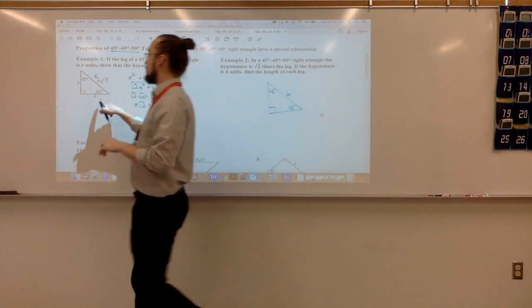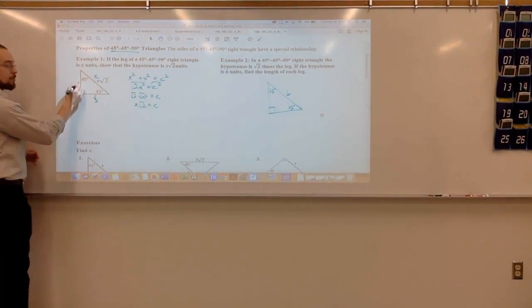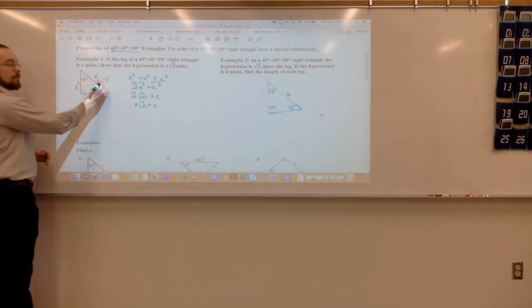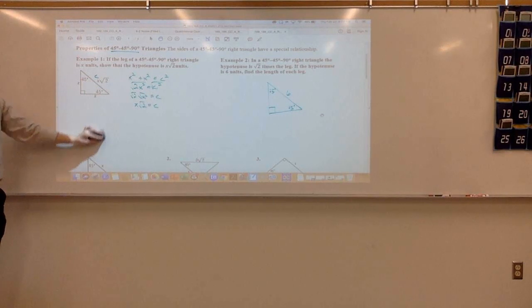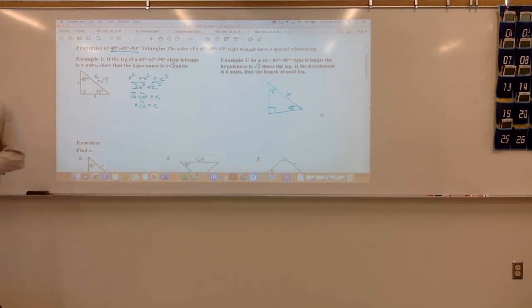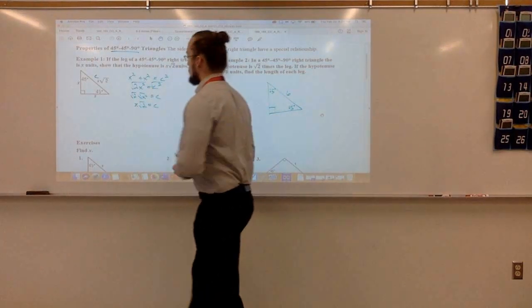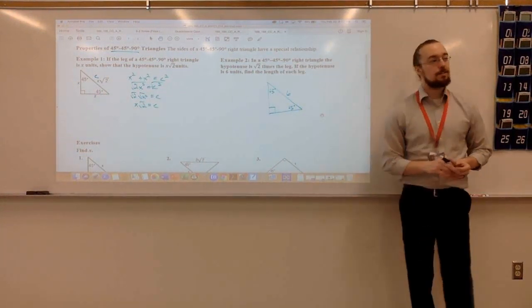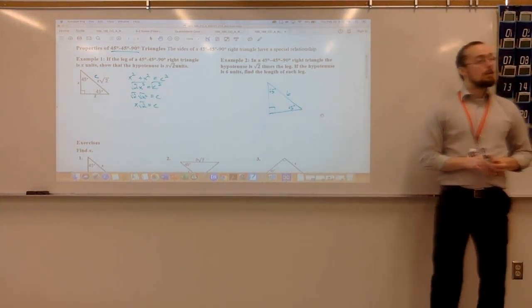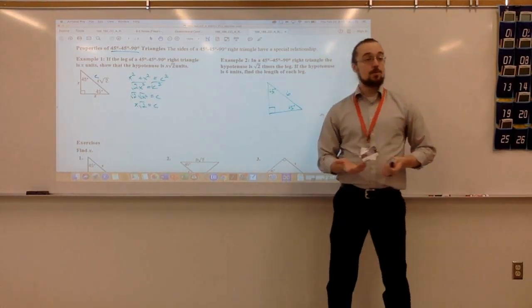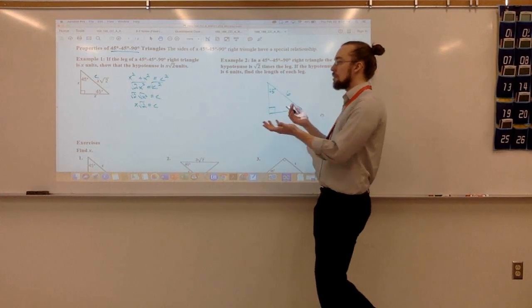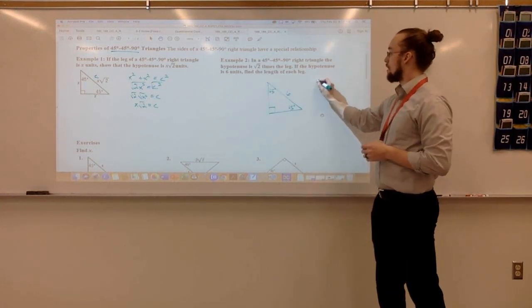If we made each of these sides 3, the hypotenuse would be 3 times the square root of 2, which is not 6. It's not going to be the square root of 3. It's not going to be 9. So that is one way that we could do it. Let's do that here, and then I'll show you the shortcut.